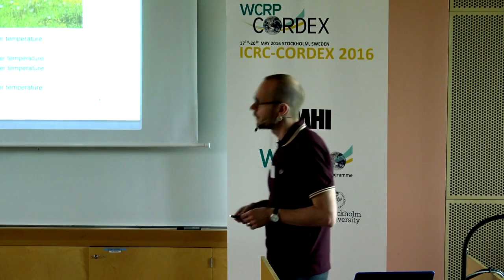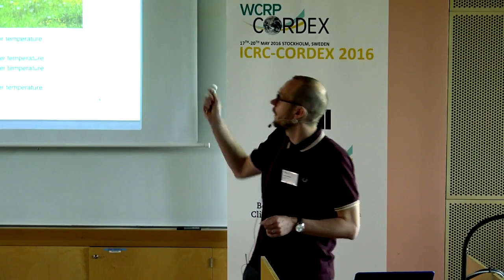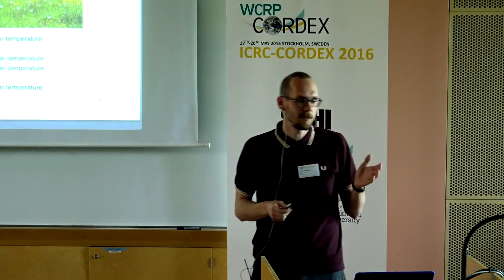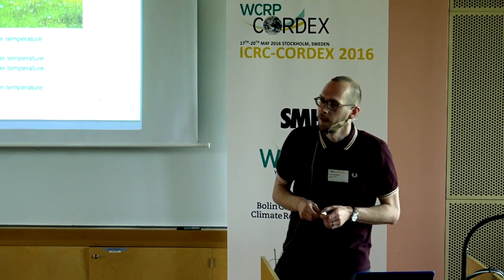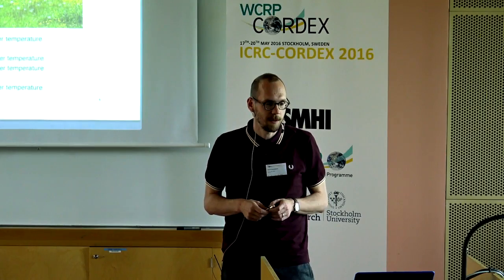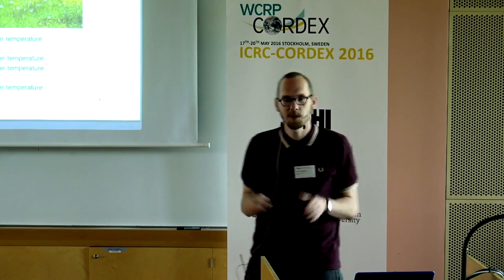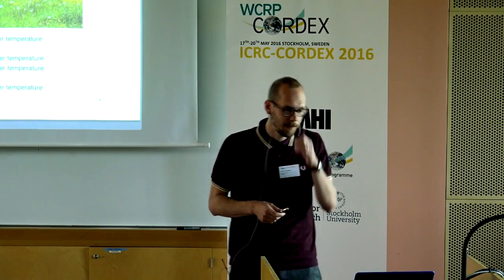We've seen this before, but in short, we have the difference between forests and open land. Forests have low albedo and high evaporation, and open land has high albedo and low evaporation, just to simplify things a bit.